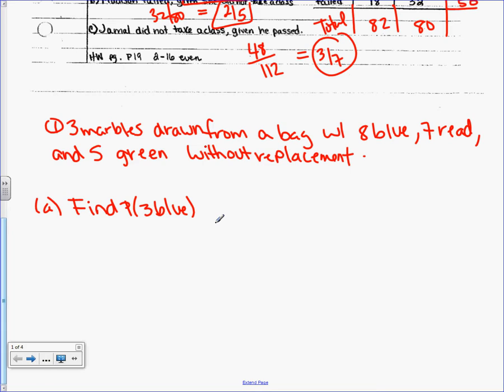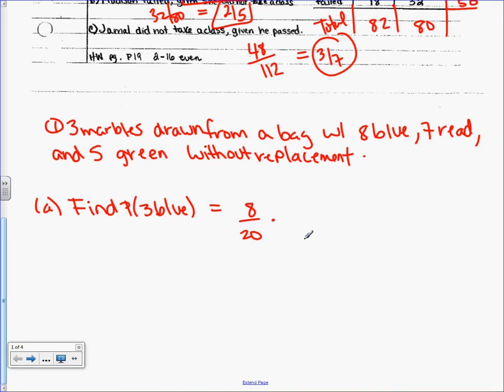That means 3 blue marbles in a row. What's the probability that the first one is blue? 8 out of, no, this is 8, 7, and 5. What's it out of? 20, right? Times the next one being blue.